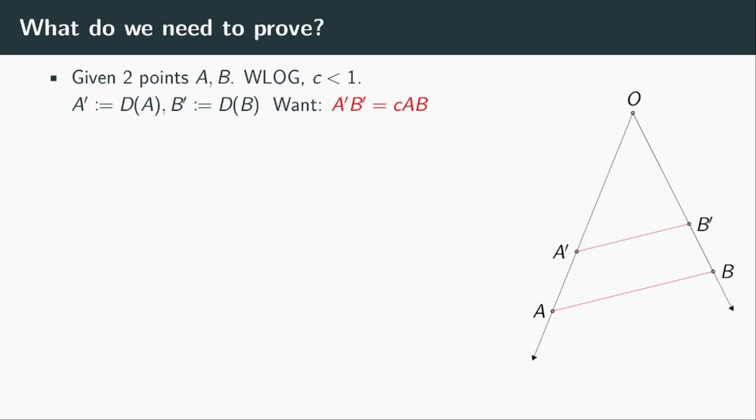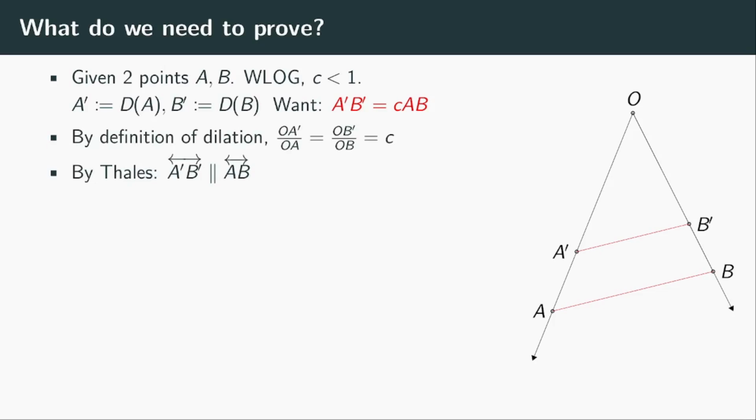That's the defining property that we have for a similarity transformation. By the definition of the dilation, it does scale correctly on the rays. So OA prime over OA is the constant c, and OB prime over OB is the constant c.